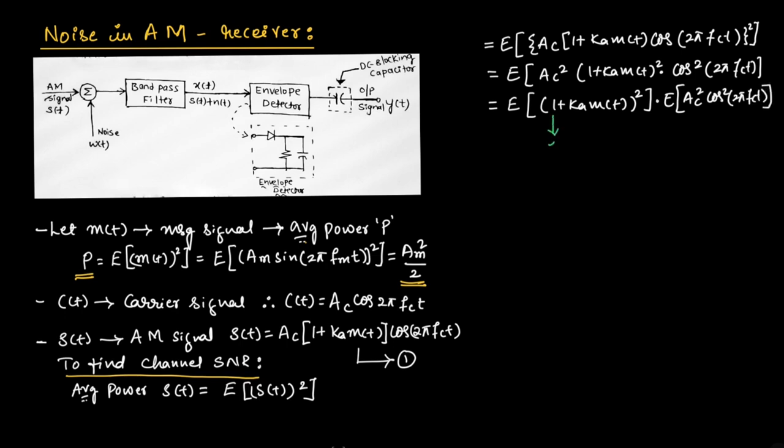And after that we are calculating the average power for individual terms. For 1 it is as always 1, for Ka it is Ka square, and for the message signal, as we saw earlier, it is indicated as P. Then for the carrier signal it is Ac square by 2, as it is Am square by 2 in the message signal. Then the average power of s of t is written as shown.